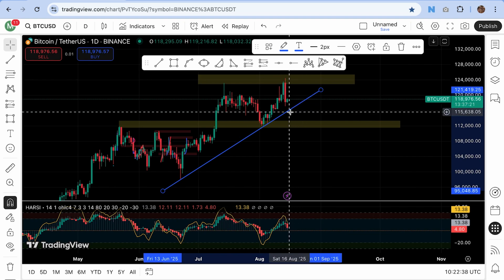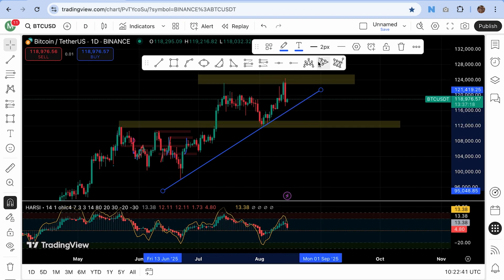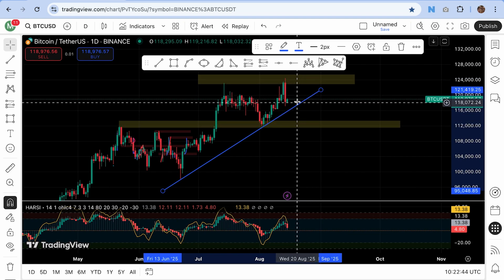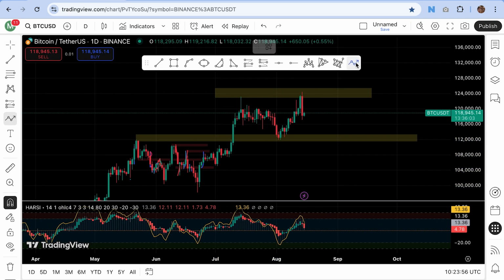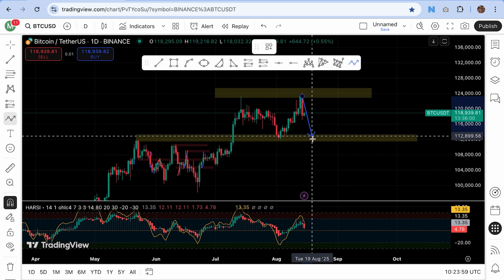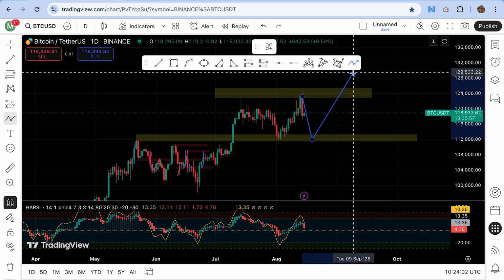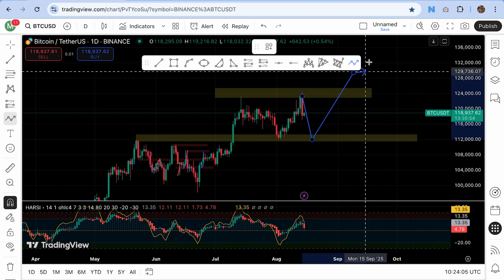This means it can give a fake out from here and then go up. Another possibility is that it takes support here and then moves up. That would be a fake out before becoming bullish.